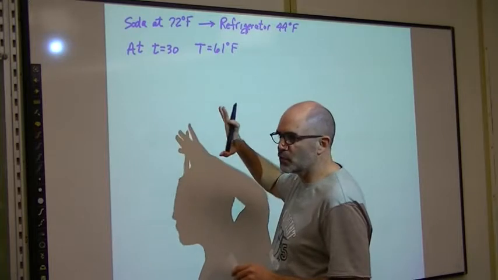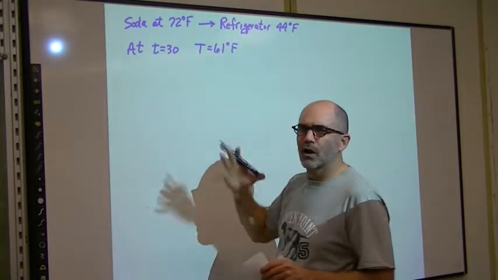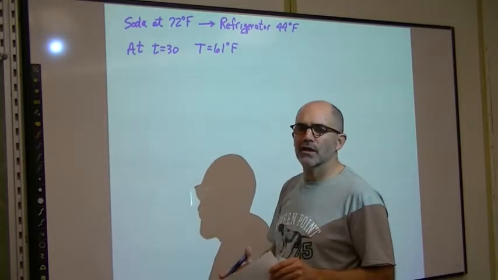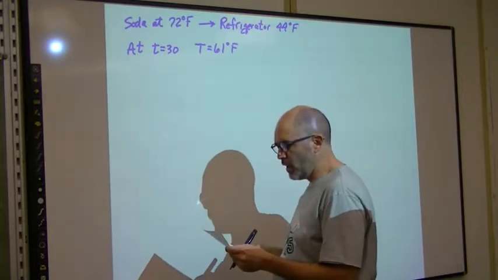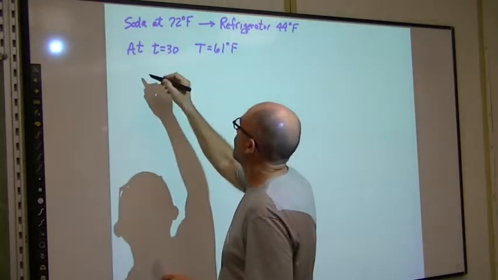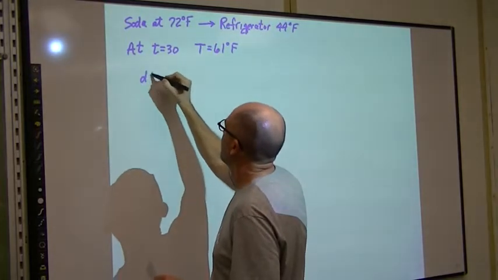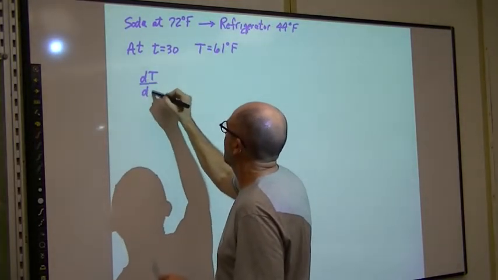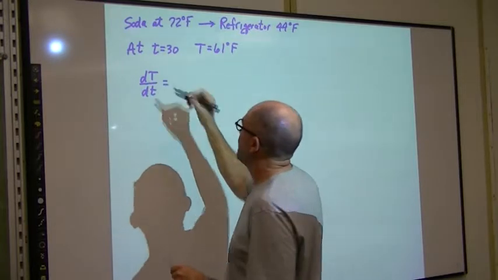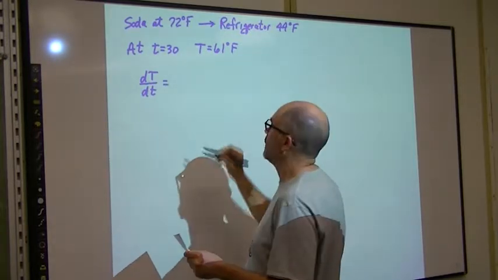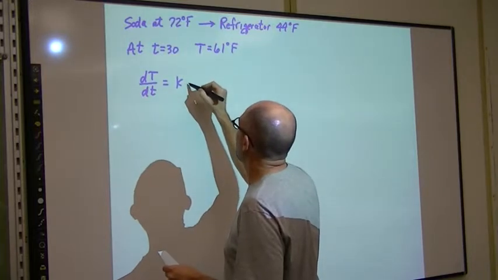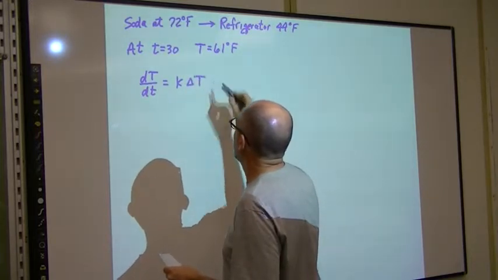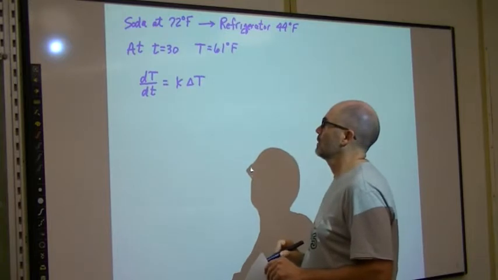So basically, we're trying to get our equation that governs this temperature. So we've got Newton's law of cooling that says the change in temperature per unit time is going to be proportional to the change in temperature.